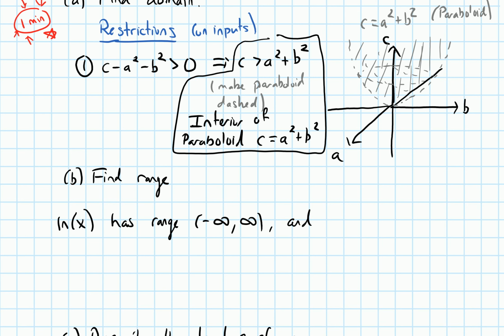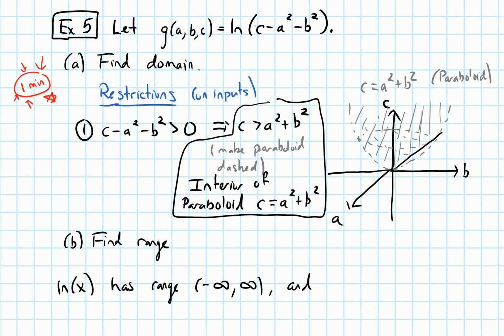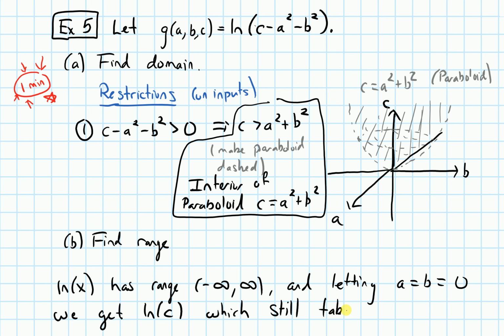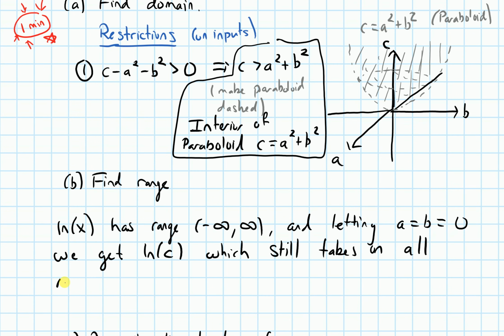And in my equation, by letting a and b both be 0, we can see that the inside could be whatever we want. Now we get ln of c, which still takes on all real values.